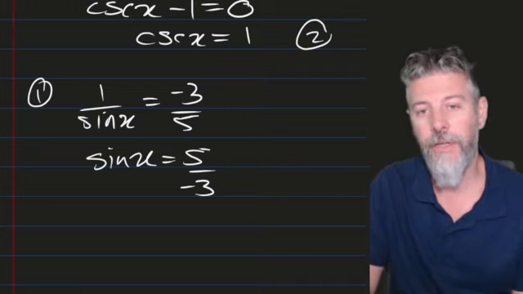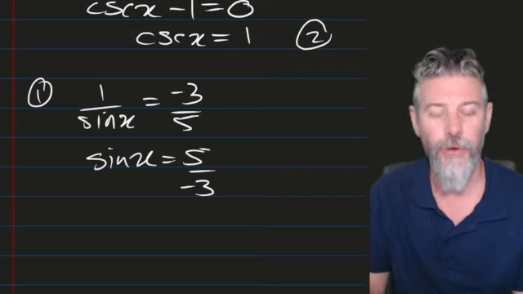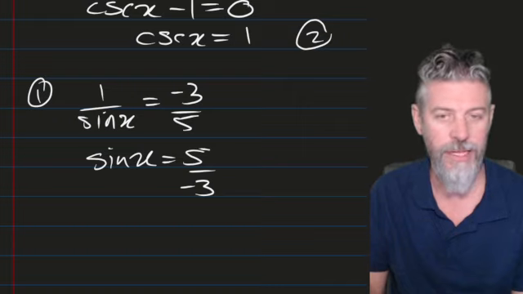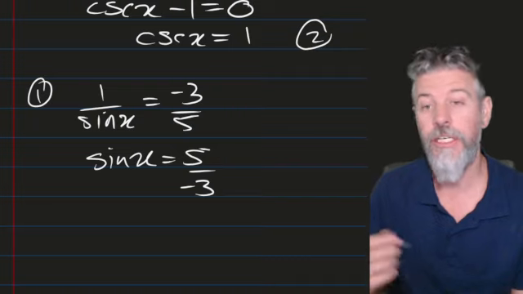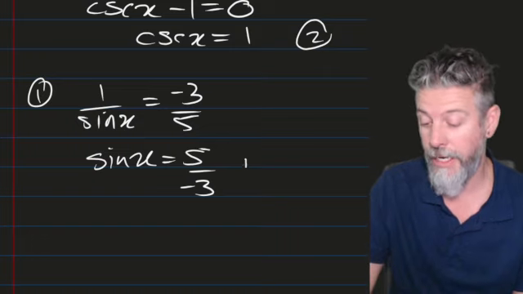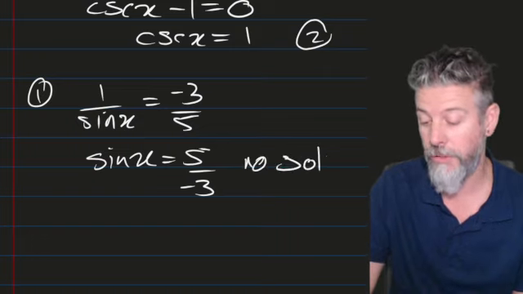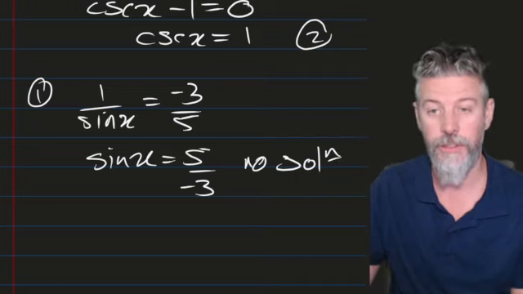Now if we think about this equation, when does sine x equal a number greater than 1 or less than -1? Never. It never does, because you can never have the opposite side greater than the hypotenuse. So this one actually has no solutions, so we can't use this bit of this equation.